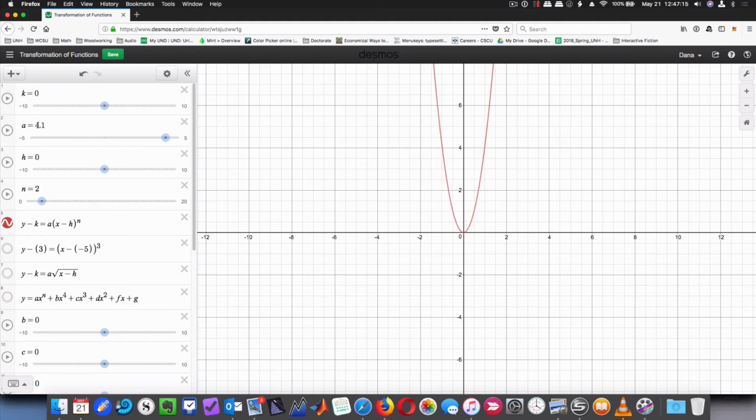And how I think of it is this number a is a multiplier in front of this. It's a multiplier in front of this. And so what we have right now is this function with x squared, right? Except we have a multiplier here, and the multiplier is 4.1.